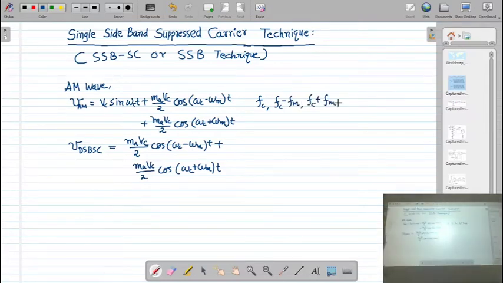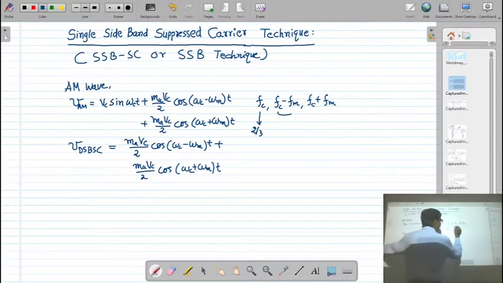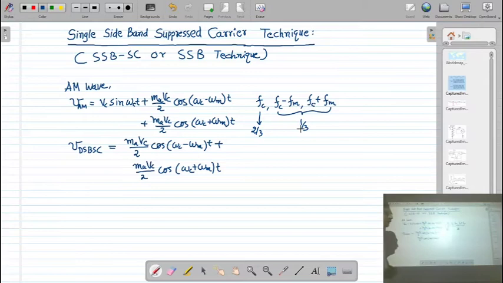Now every component also has power, and we have seen that the maximum power is with the carrier, that is, 2/3 of the power is carried by the carrier wave, and 1/3 of the power is carried by the sideband frequencies.